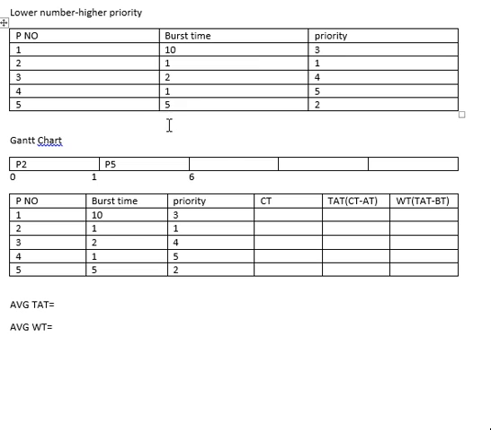Next is 3, that's your P1. The burst time is 10, so 6 plus 10 is 16. Next is 4, your P3. P3 burst time is 2, so 16 plus 2 is 18. And lastly we have P4. The burst time is 1, so it becomes 19.